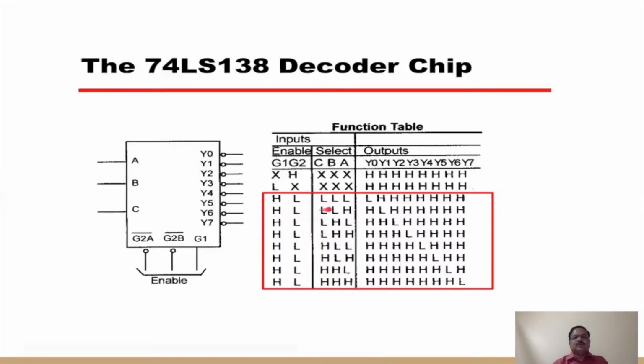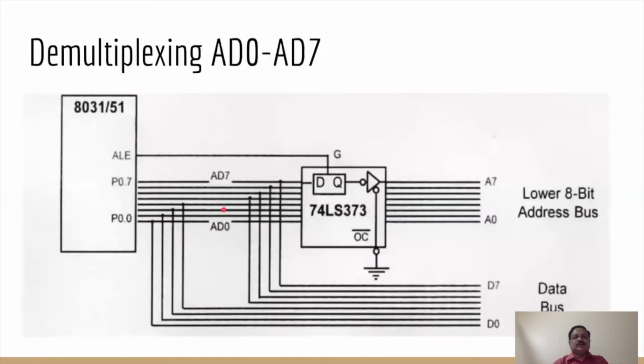So starting from 000 to 111, the corresponding output is selected at a time. For this decoder, there are 3 enable inputs, 2 active low and 1 active high. These are used for chip select logic in the various interfacing chips. For all of them, whether a memory or input output devices, you need a chip select signal.